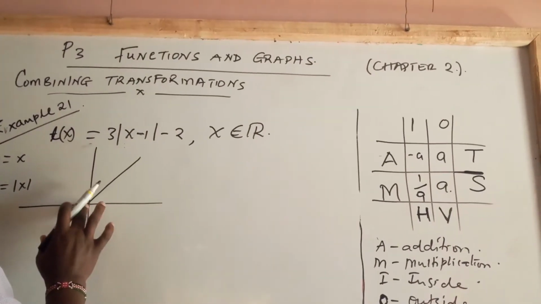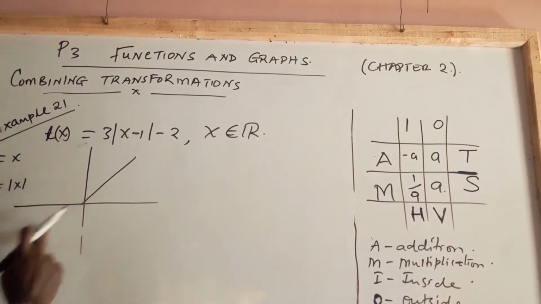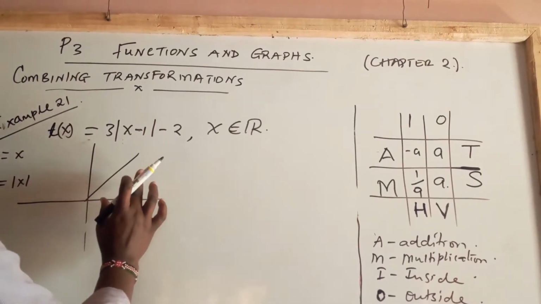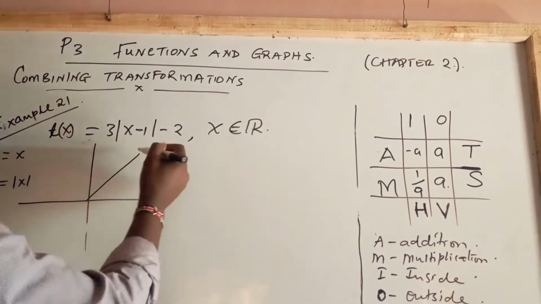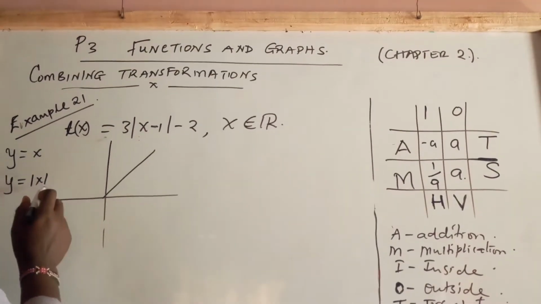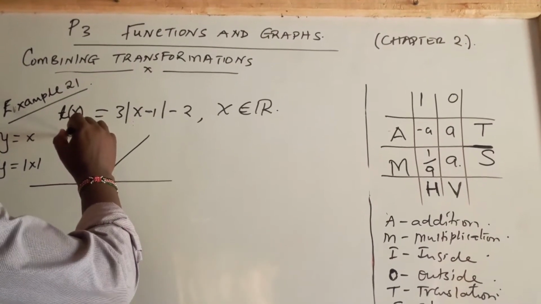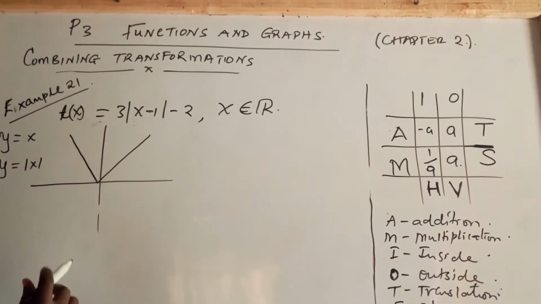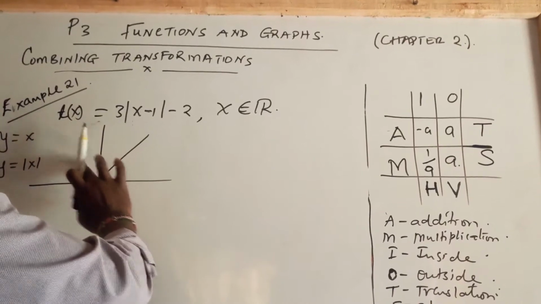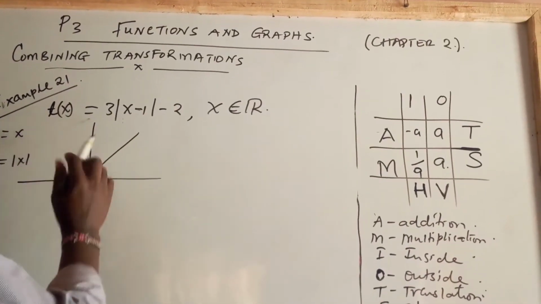We would wish to have all the positive values of x with the corresponding values of y, and because x is moduled, we do not have the value of x when it is negative.